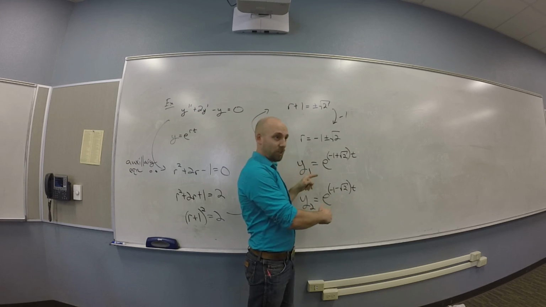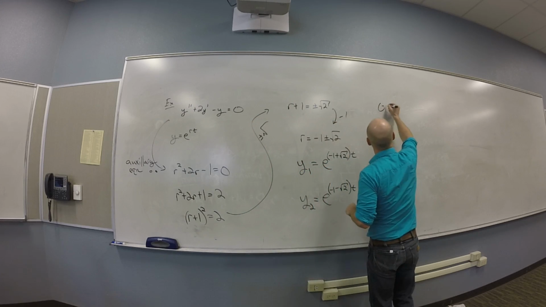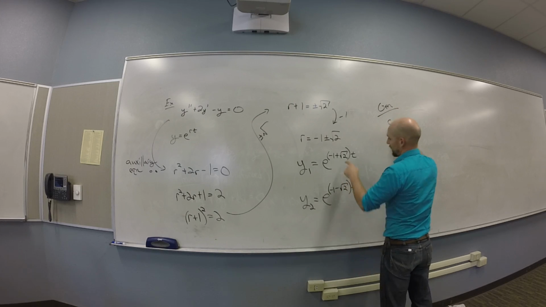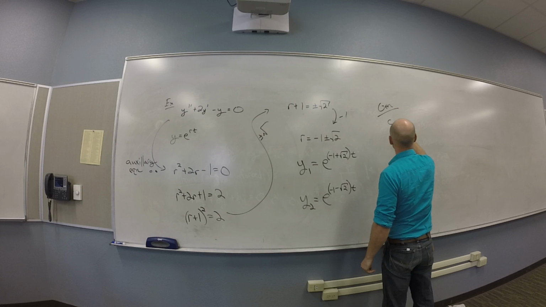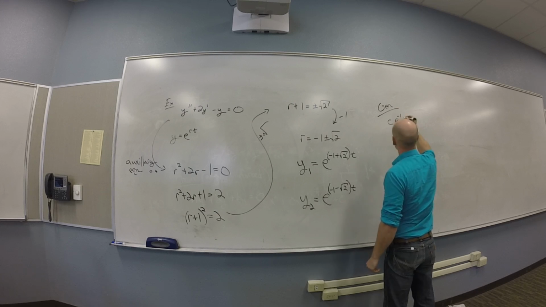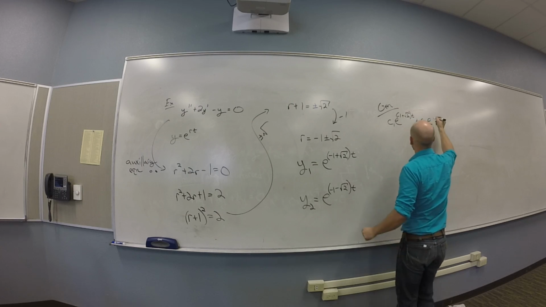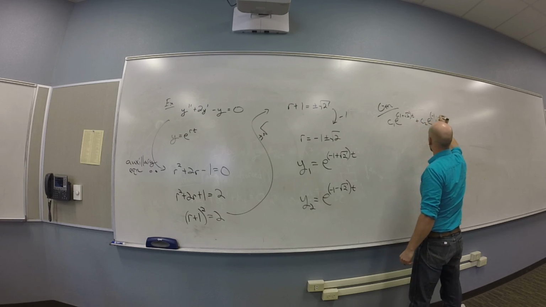So the general solution is C1 times e to the minus 1 plus the square root of 2 t, plus C2 e to the minus 1 minus the square root of 2 t.